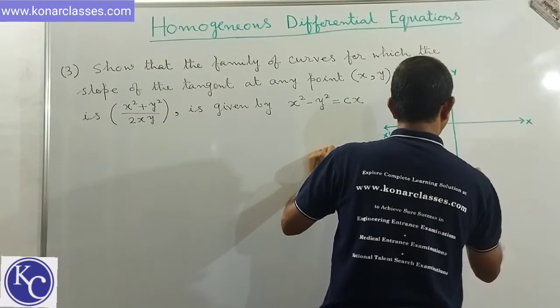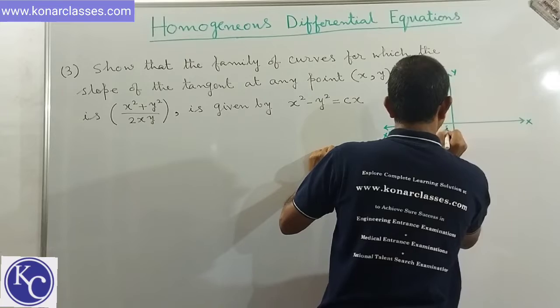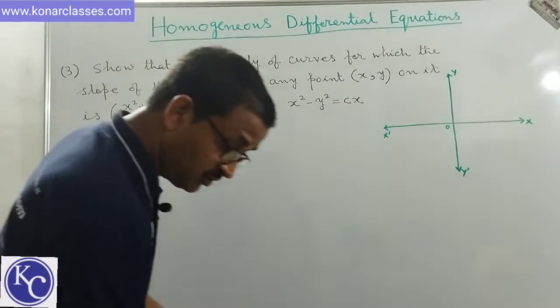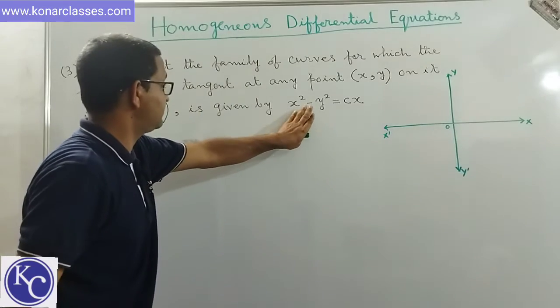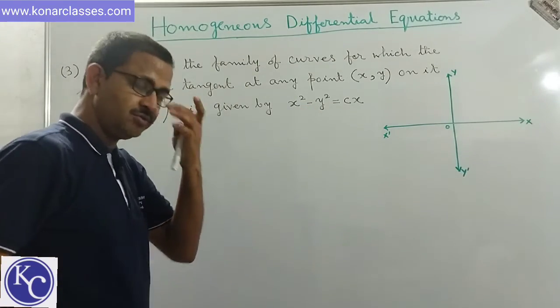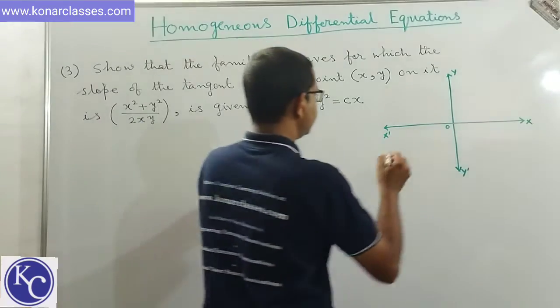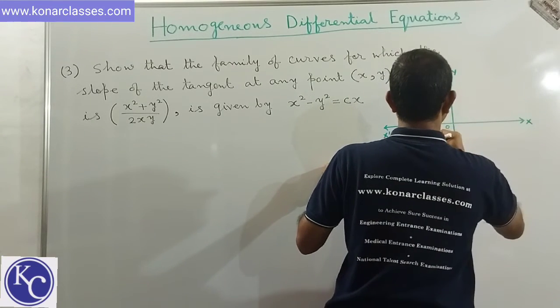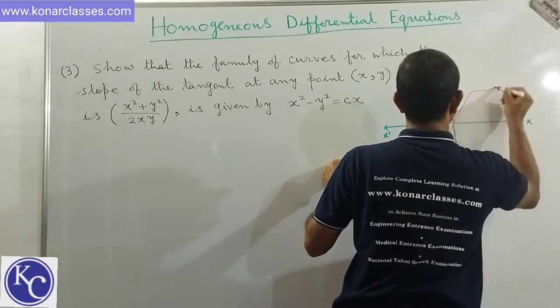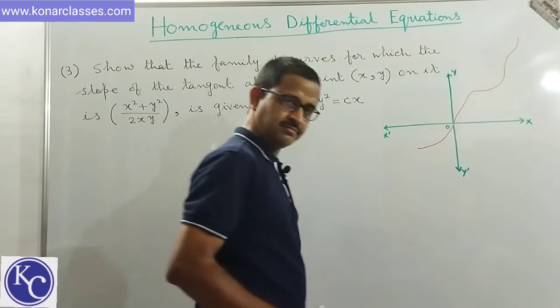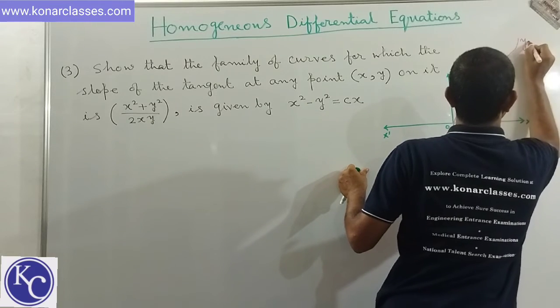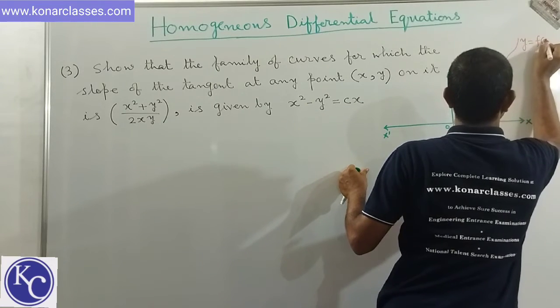These are the coordinate axes. Now there is a curve. What is that curve? We need to prove, according to the question, the equation of that curve is x square minus y square equal to cx. But let's take the curve is something like this. We can give that curve as y equal to f of x.